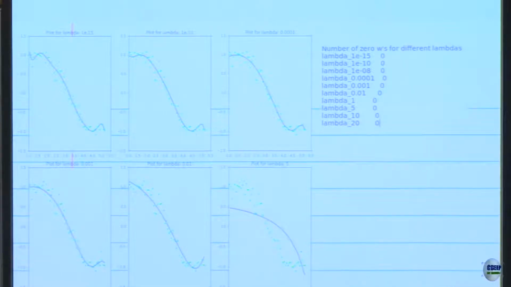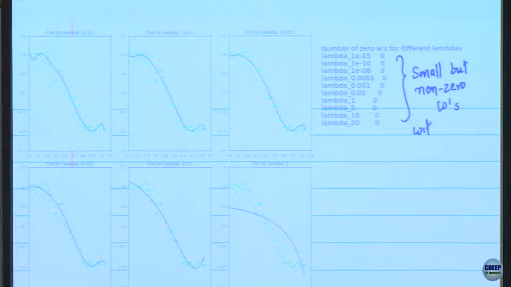So the W's become small in magnitude, but they are still irritatingly not zero. And this is with L2 regularized loss.